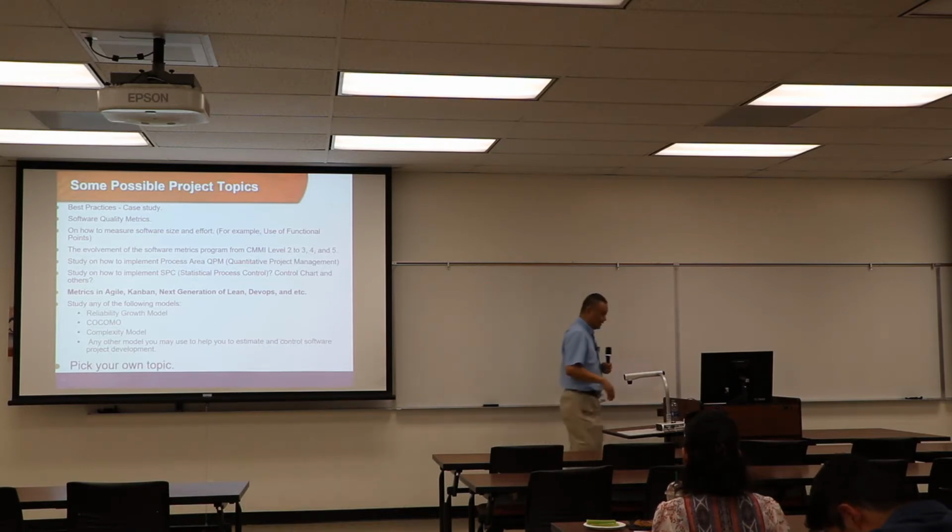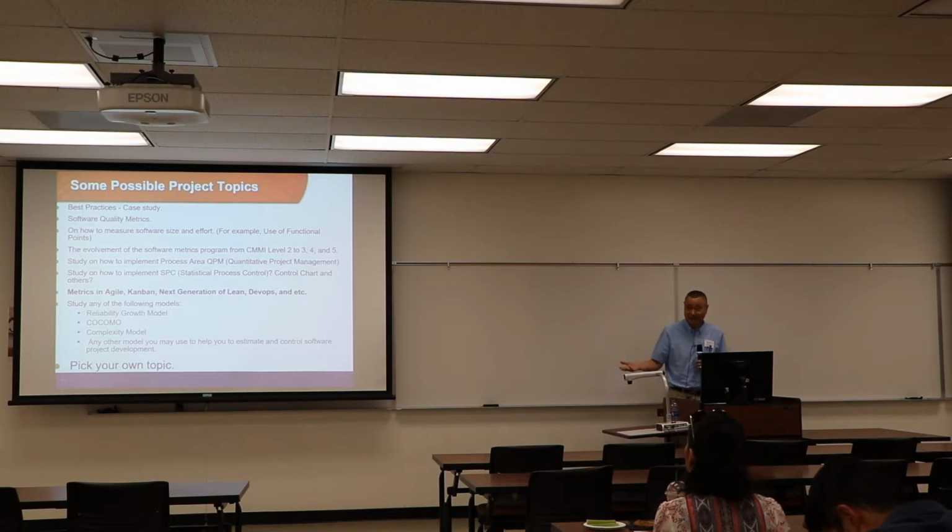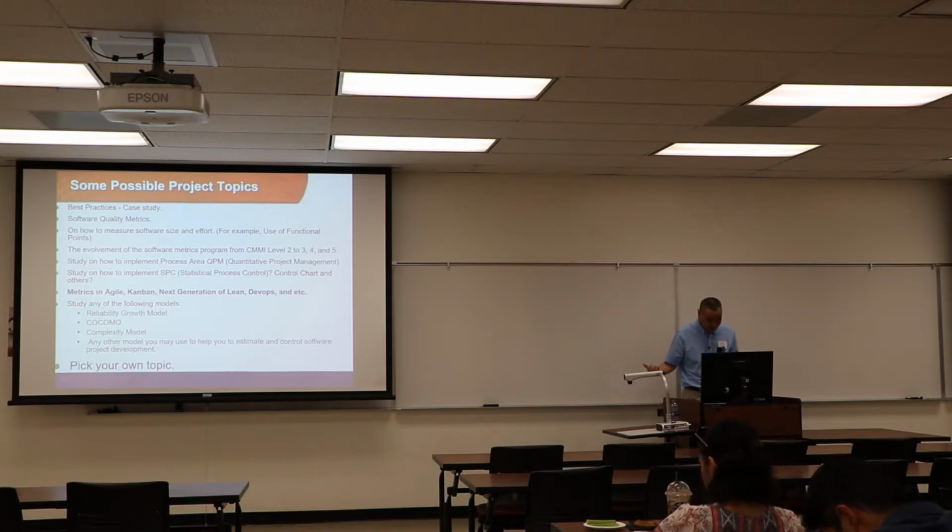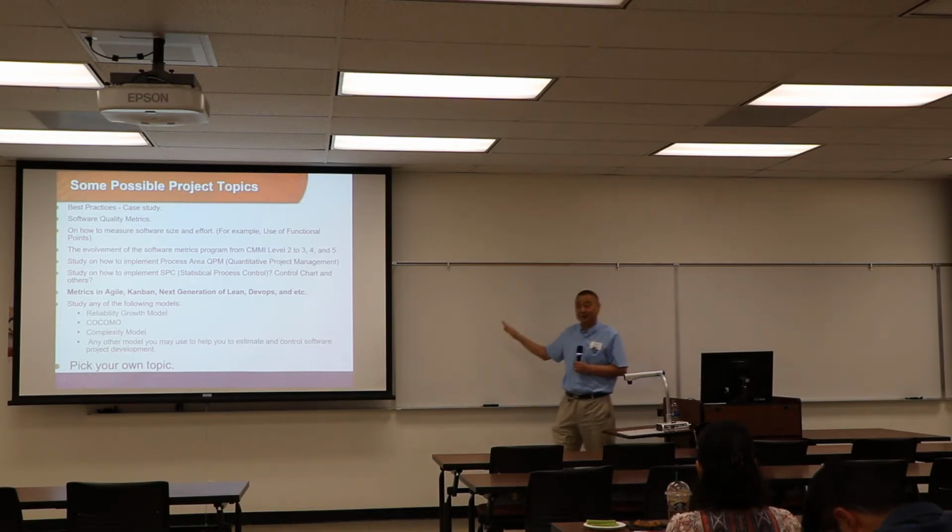And COCOMO, Barry Boehm, how do we do estimation? And contracting and complexity models, there are a few other things. I'm going to post possible topics very soon with some new additional stuff, but you are not bounded by this at all.